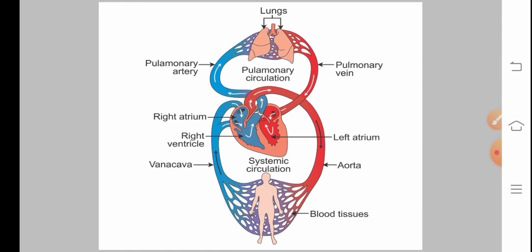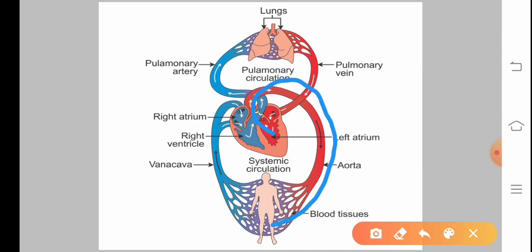So we have all the three circulations in one picture. The circulation of oxygenated blood from heart to all the parts of the body, then it is coming back to the heart. This is systemic circulation.